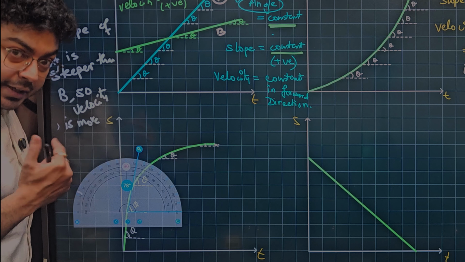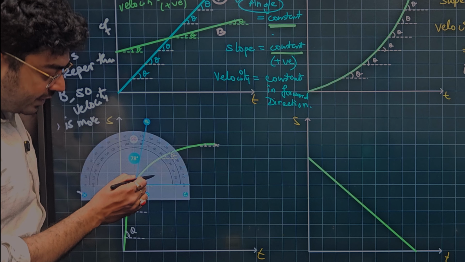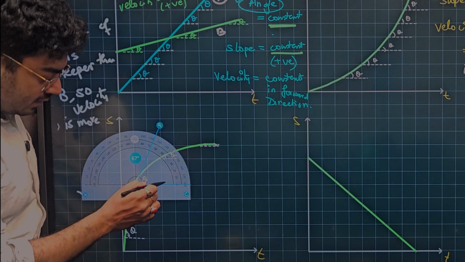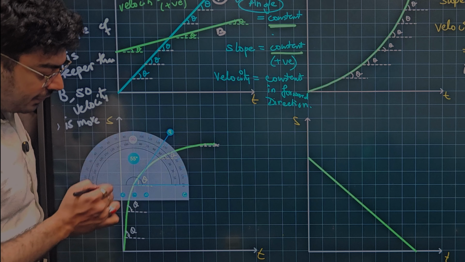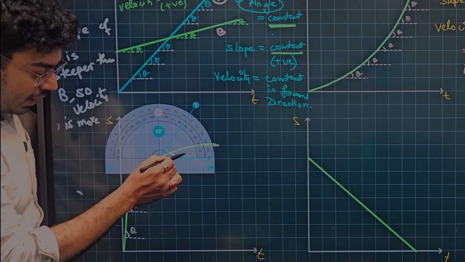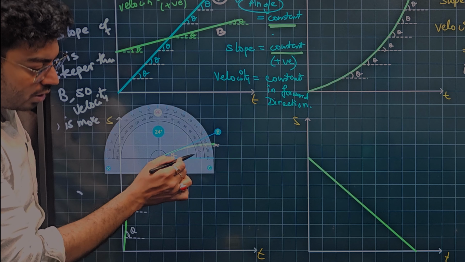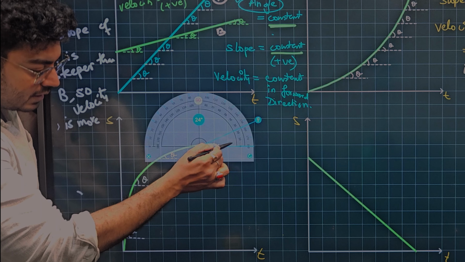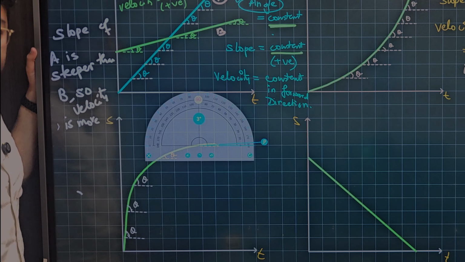So previously it was 85, now it is 78. Now it is 55. Now it is 24. And now it is near about 0, 3 degrees maybe, something like that.